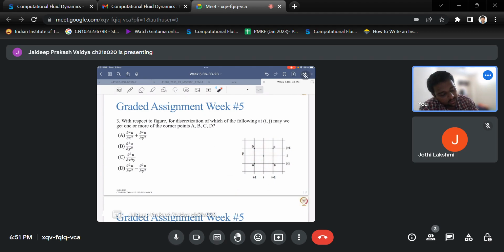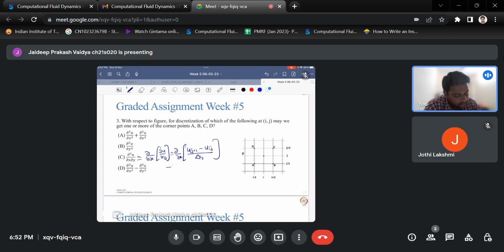When we deal with dou square u by dou x dou y, what we are essentially doing is dou by dou x of dou u by dou y, and dou u by dou y can be differentiated as u i j plus 1 minus u i j by delta y.